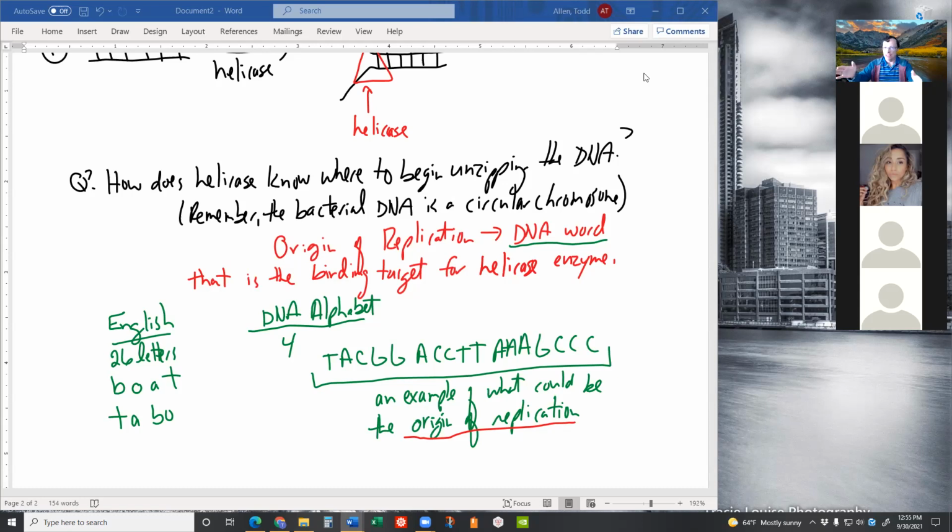They would be expected to have very similar, if not identical, origins of replication. However, if you were to identify an origin of replication between an archaeal cell and a bacterial cell, they would be quite a bit different. So there is no one common origin of replication sequence across all species of life on the planet. There is variation.